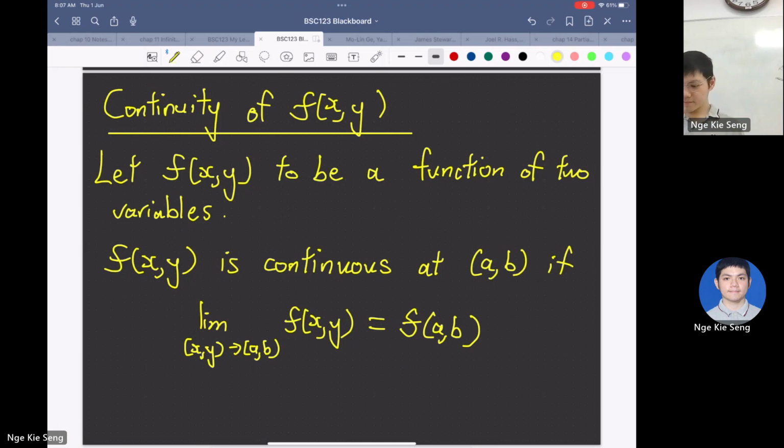Okay. So in the one variable case, if you have a limit approaching the same point, your f has to attain the value.